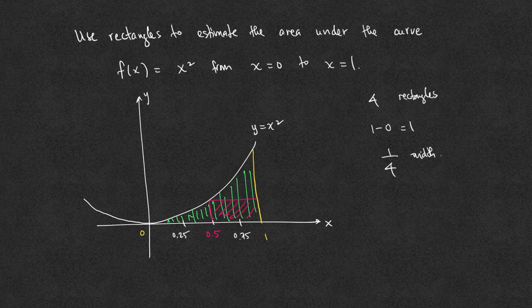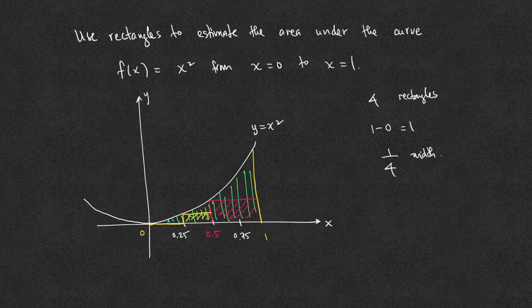This time, if we use the left endpoints, then for the first rectangle, the height is still 0. But the height of the second rectangle is at x equals 0.25, and we use this to draw a rectangle.